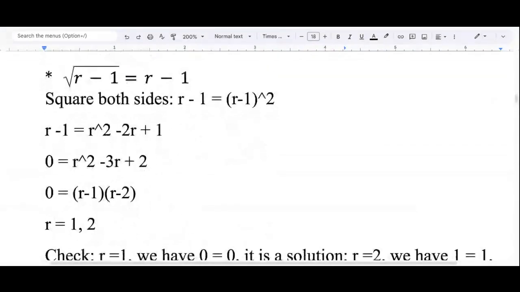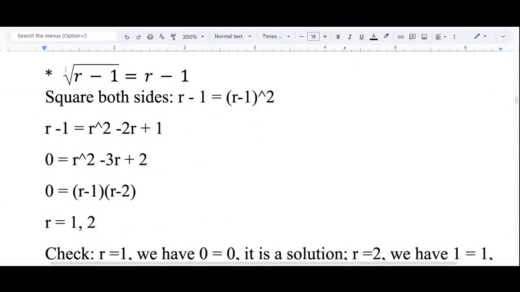Let's see this one. So we have a square root on one side, and r minus 1 on the other side. Well, let's square both sides. When we have a square root, we want to square both sides. The square root cancels out. So we get r minus 1 equals r minus 1 squared.